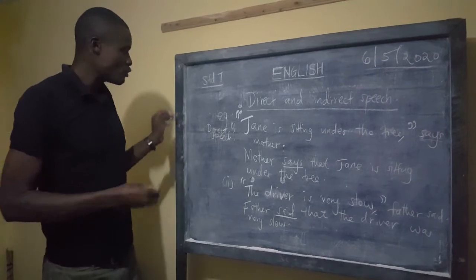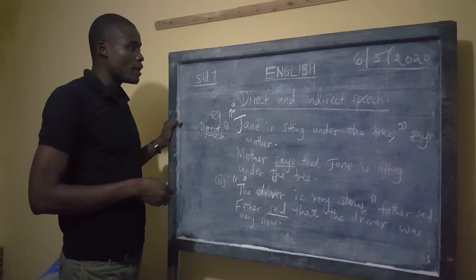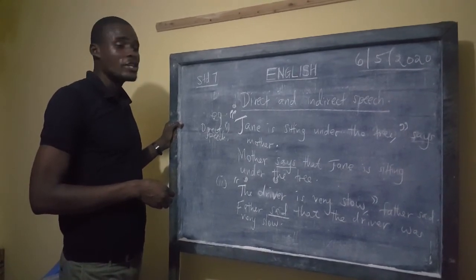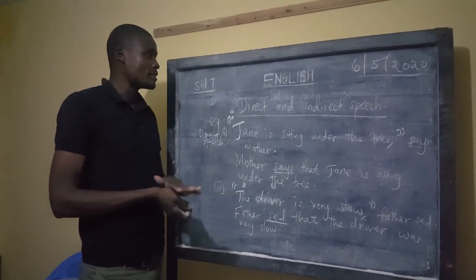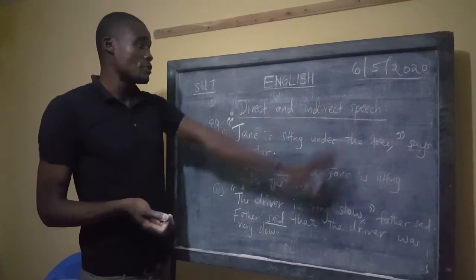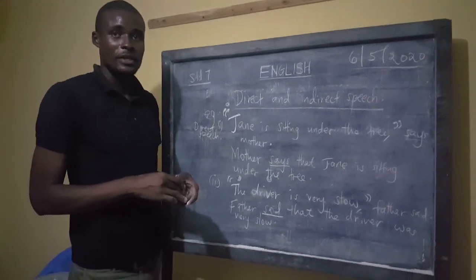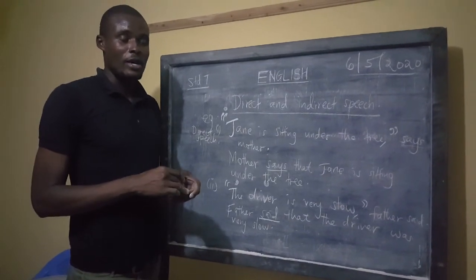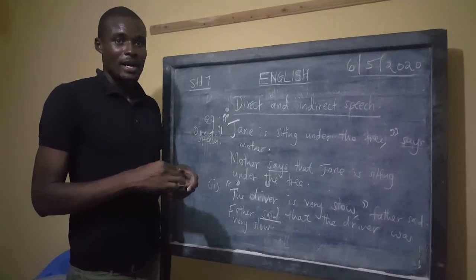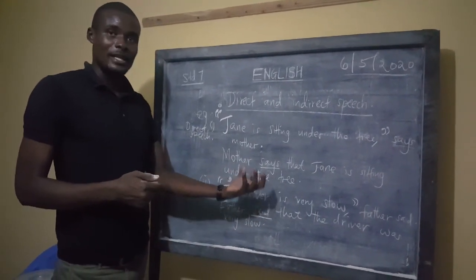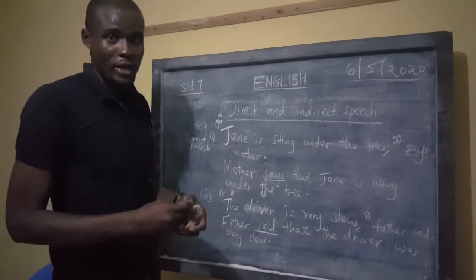So, just to end our discussion today, you will go to your English textbook, go to the table of contents, and open direct and indirect speech. Under that, there is work that we are going to check. Look at the exercise there. Try to do as many questions as you can, and see if you can identify the tense of the sentence and work the question out well.